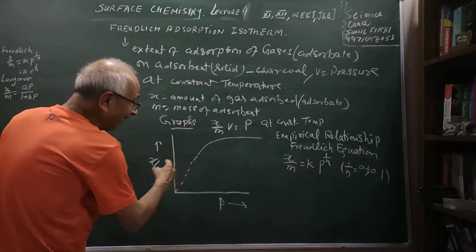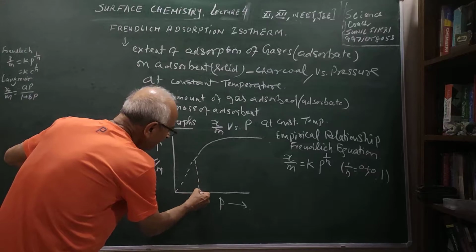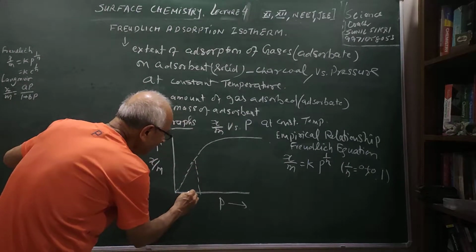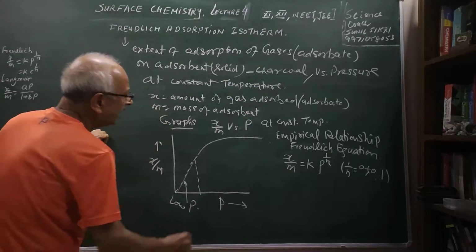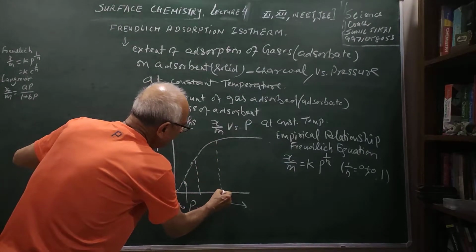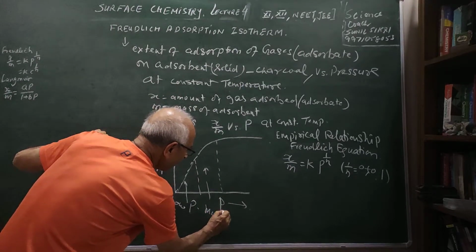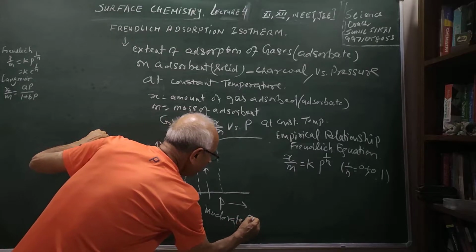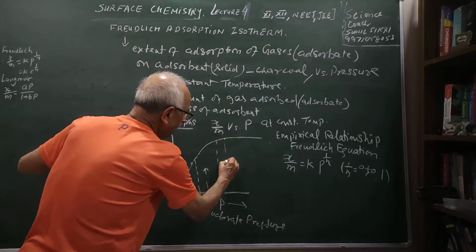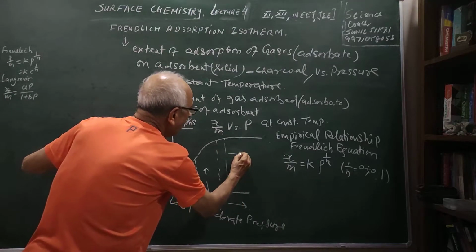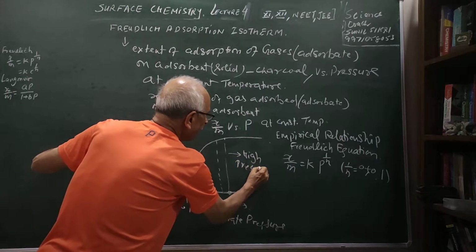How will we explain this graph? You can see that there are three regions of the graph, and this looks to be linear at low pressure. This is my low pressure region, then there is a moderate pressure, and after this you can see the high pressure zone.